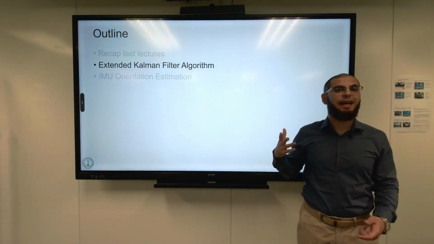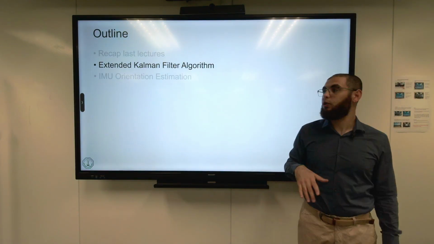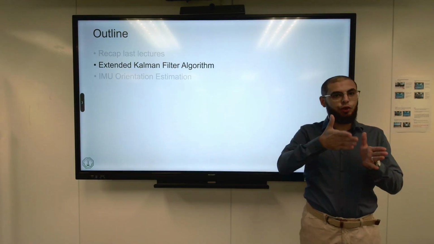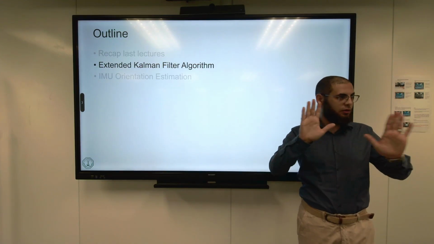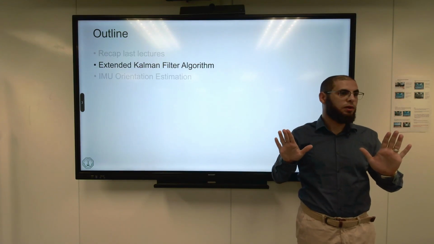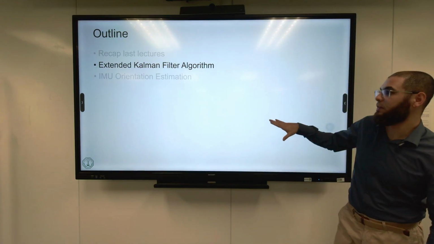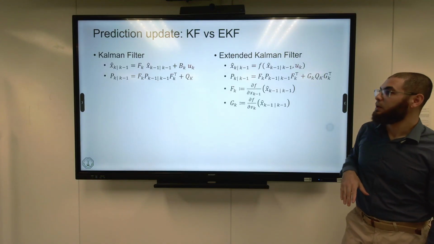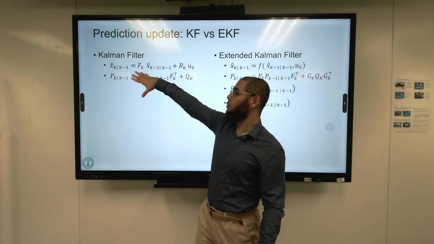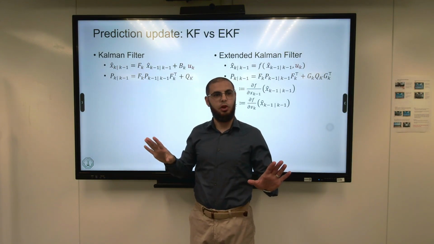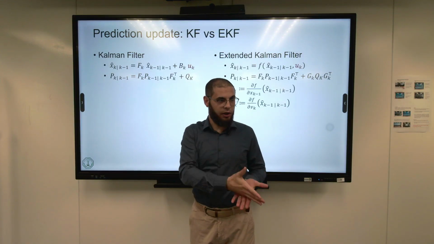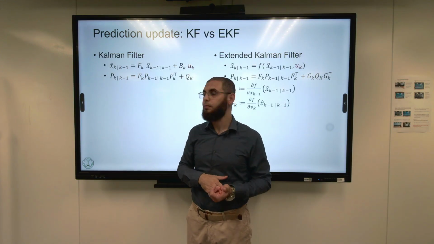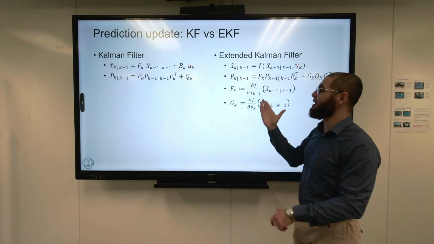So now how does the extended Kalman filter algorithm look like? We're going to show you the extended Kalman filter algorithm side by side with the standard one, so that you can compare and contrast both and see what is the new stuff in the extended Kalman filter. By the way, whenever someone says a Kalman filter and just stops, they mean the standard one, the linear version of the Kalman filter. When we say an extended Kalman filter, we mean these algorithms.